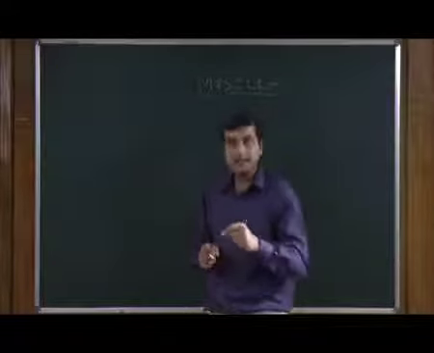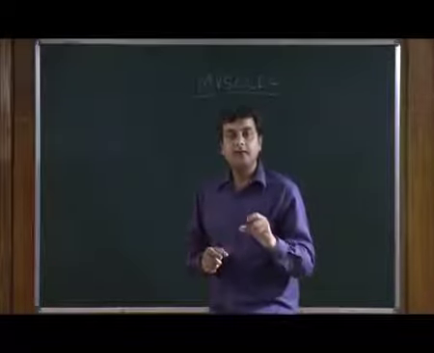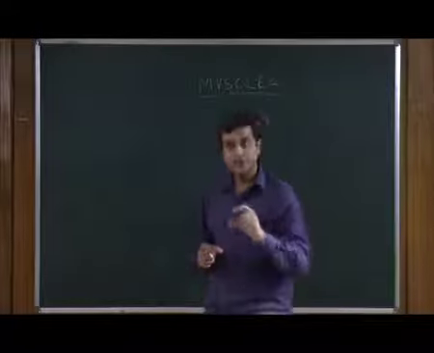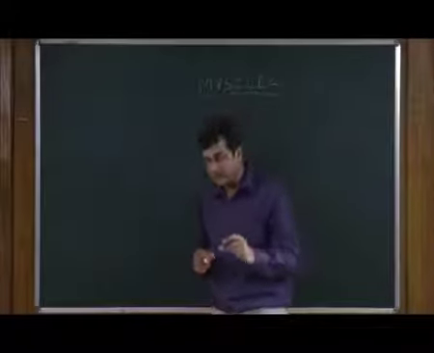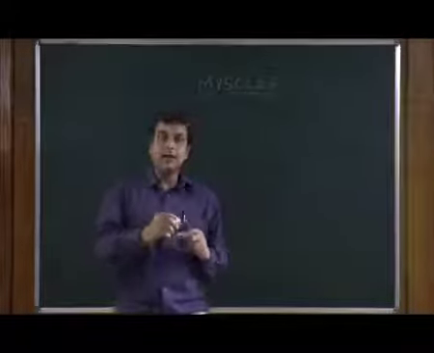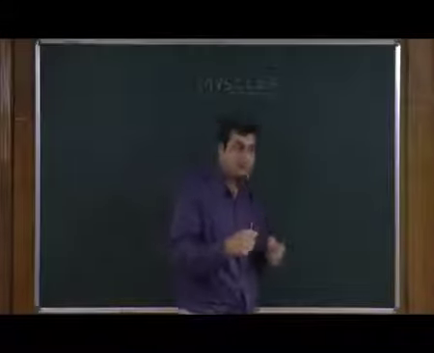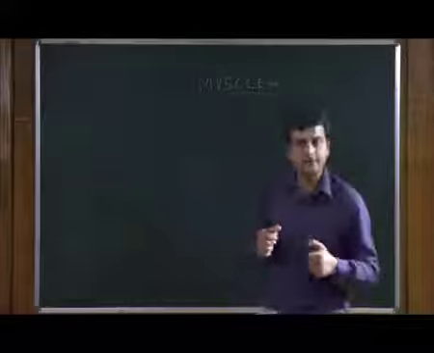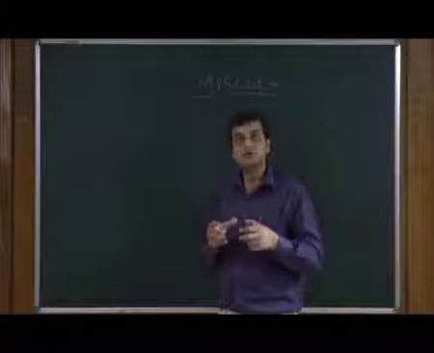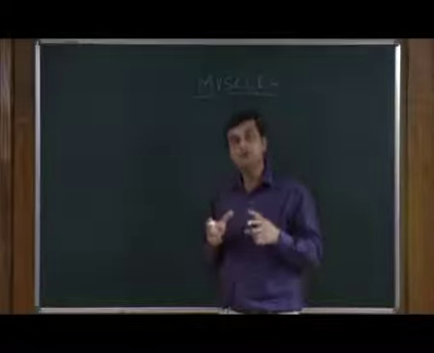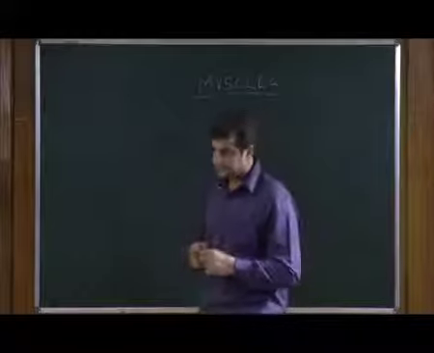Now we will see how these four properties which we discussed, like extensibility, and then excitation potential, then contractibility, and then elasticity, are all mixed together and each muscle should possess this kind of property.